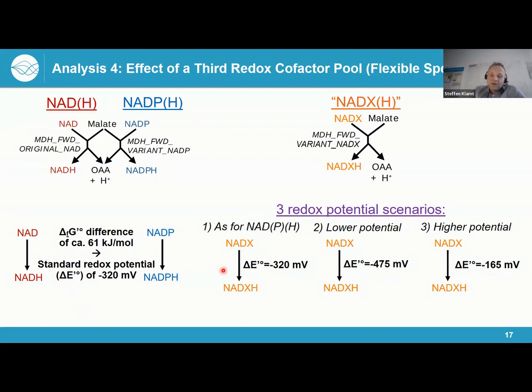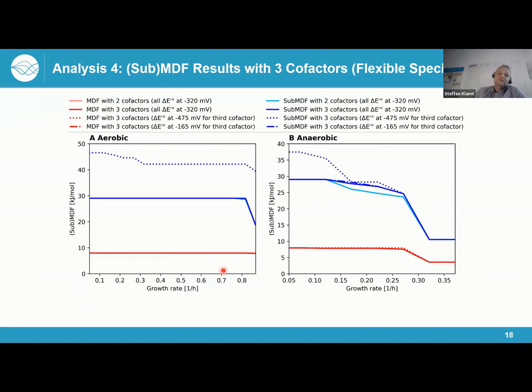So with that, we then recalculated the MDFs and sub-MDFs for aerobic and anaerobic conditions. In both cases, for MDF and sub-MDF, we now have 4 scenarios. So we recomputed that for the 2 cofactors and then for the 3 scenarios for the 3 cofactors. And what you can see for the MDF is that we don't see any difference.